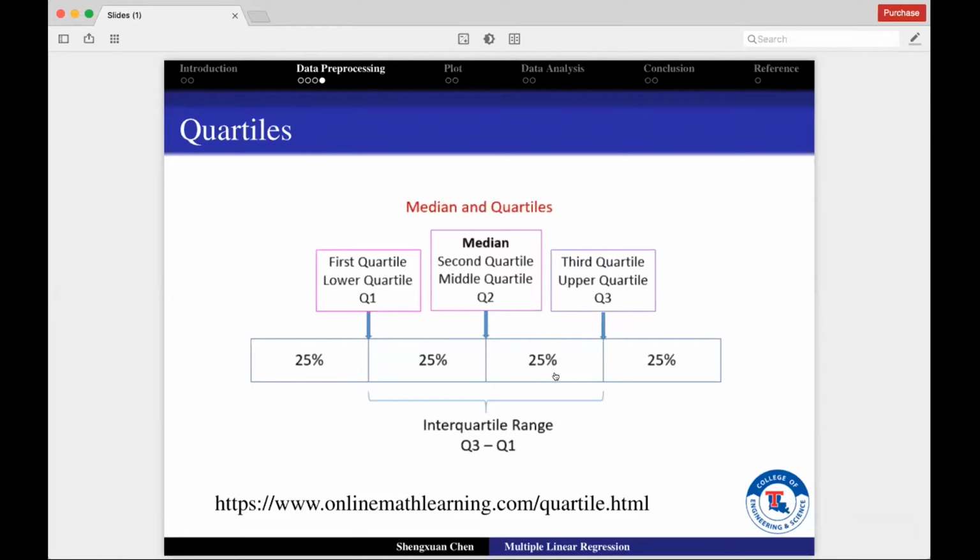Q1 is the lower quartile and Q3 is the upper quartile. The interquartile range is Q3 minus Q1, and I need to find 1.5 times the interquartile range, which is 1.5 times Q3 minus Q1.